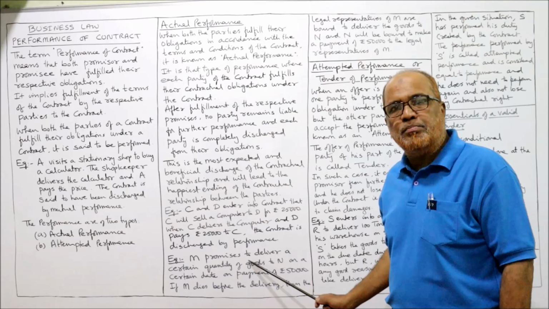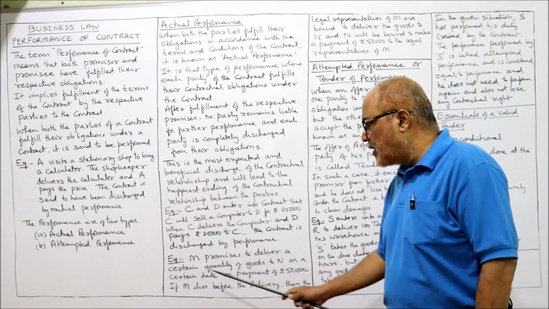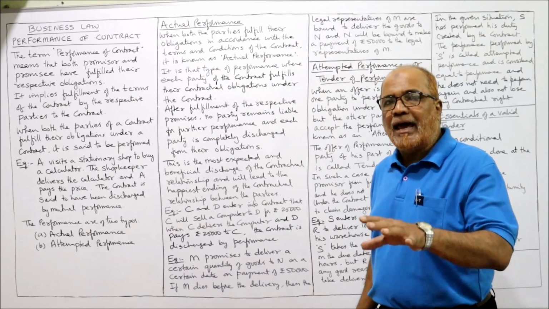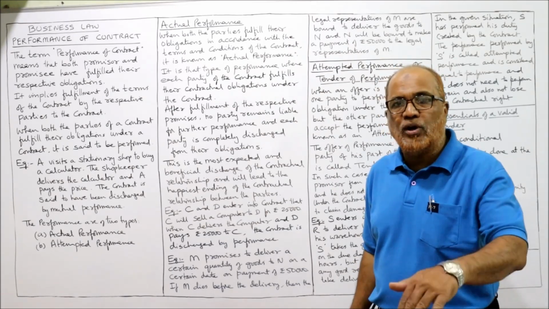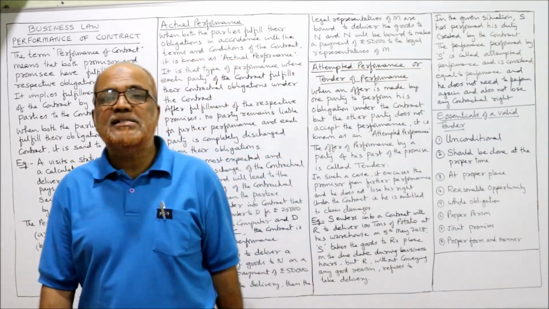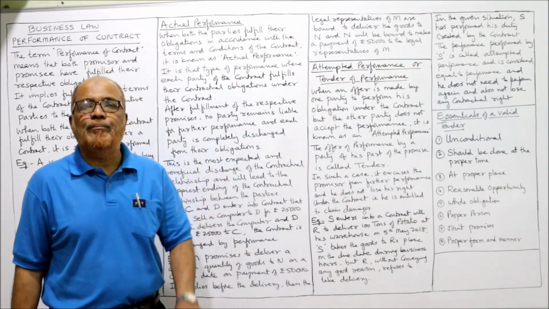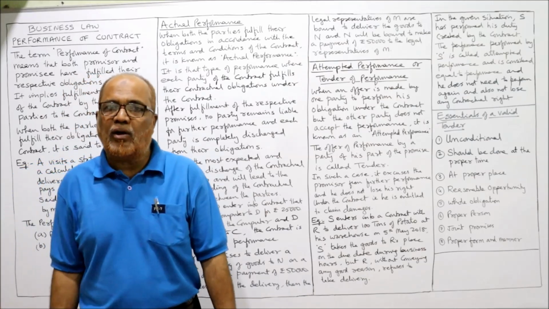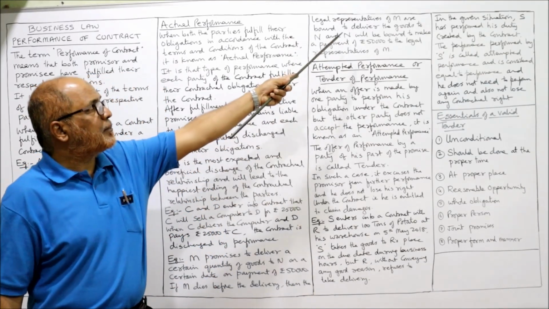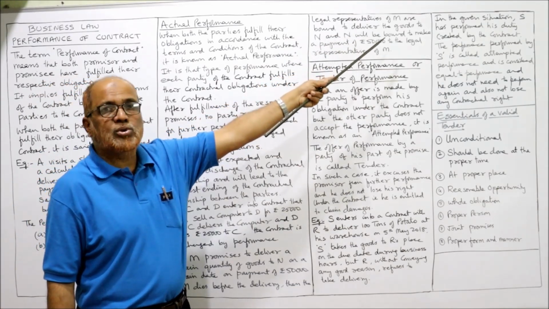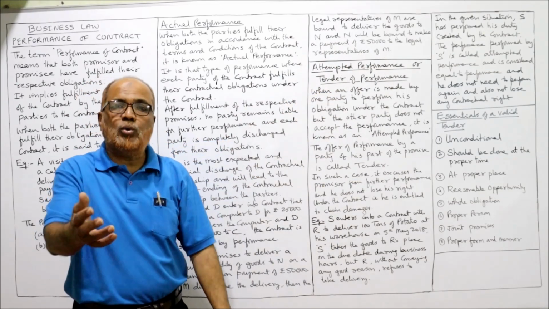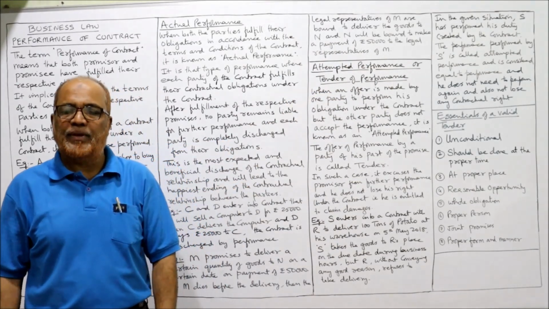This is the promise made by M to N. If M dies before delivery, what will happen? Legal representatives of M are liable to complete the contract. So legal representatives of M are bound to deliver the goods to N, and N will be bound to make the payment of 50,000 to the legal representatives of M.